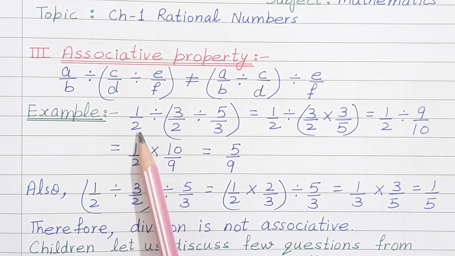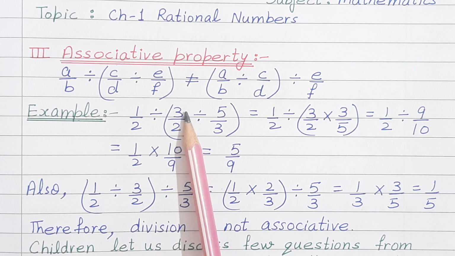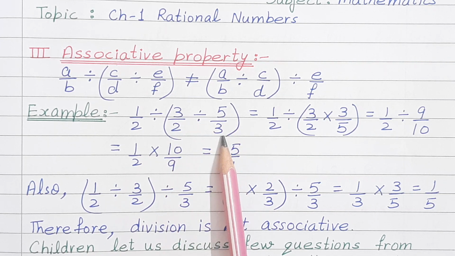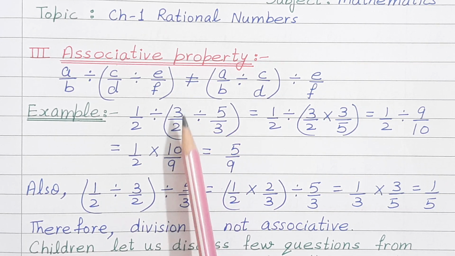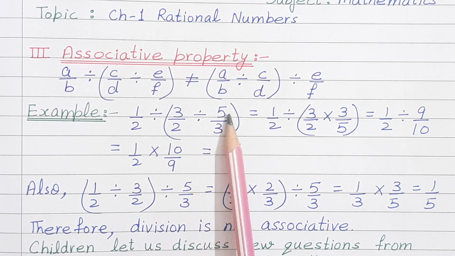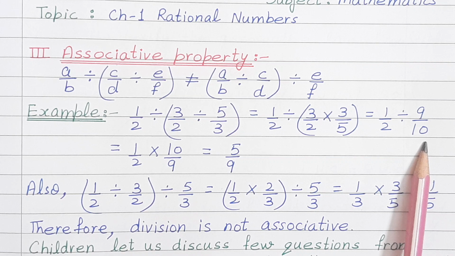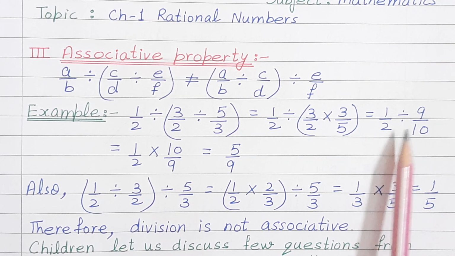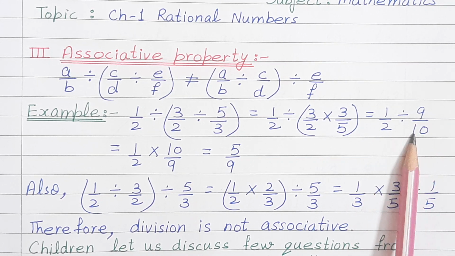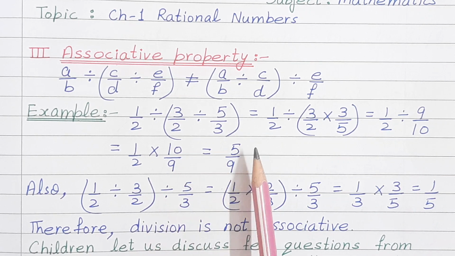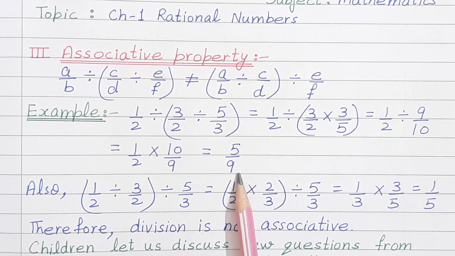Let the numbers be 1 upon 2, 3 upon 2 and 5 upon 3. So 3 upon 2 divided by 5 upon 3 will give us 9 upon 10. So 1 by 2 divided by 9 upon 10 will give us 5 upon 9. Now this is the left hand side.